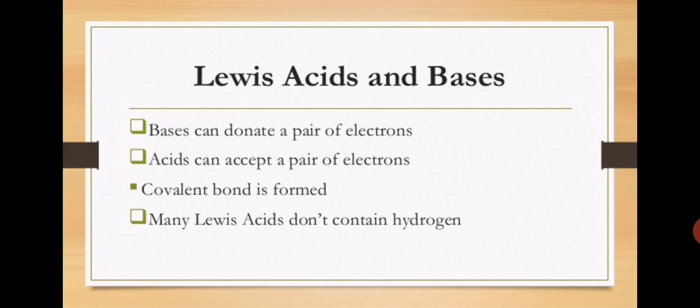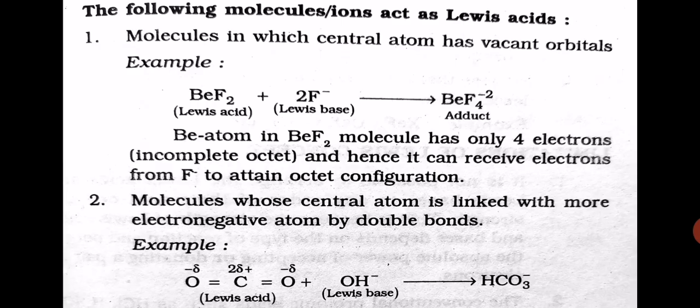And here in this Lewis acid and base theory, the formation of a covalent bond is possible. Here many Lewis acids do not contain hydrogen and they also act as Lewis acids.